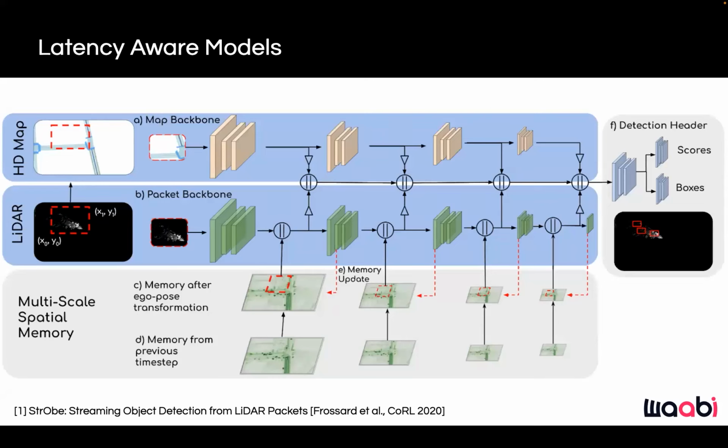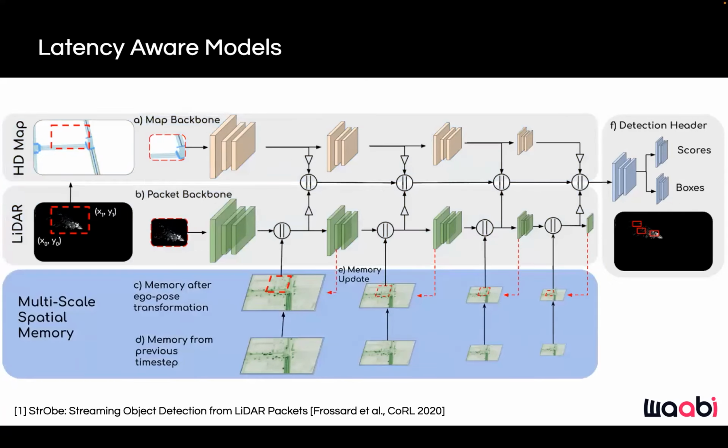We use this backbone to operate at the packet level for efficiency, and therefore minimize the data buffering latency. The detector will produce the output for each packet instead of waiting for the full sweep of the LiDAR. Because each LiDAR packet only provides a fragmentary observation, we use an iteratively updated latent spatial memory to achieve the global context for better detection results.